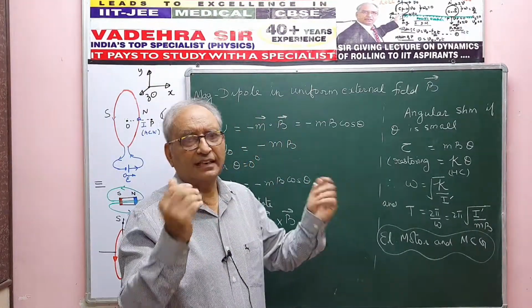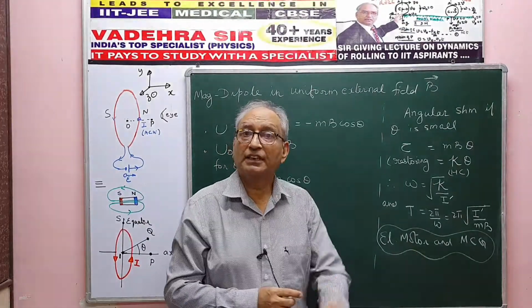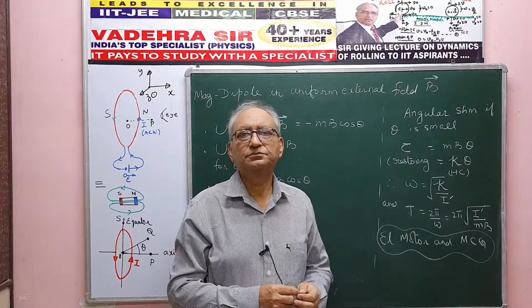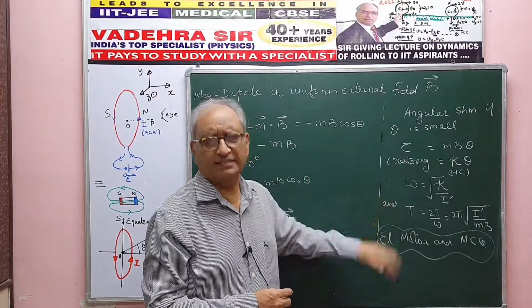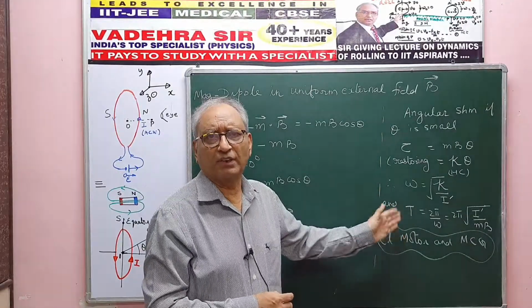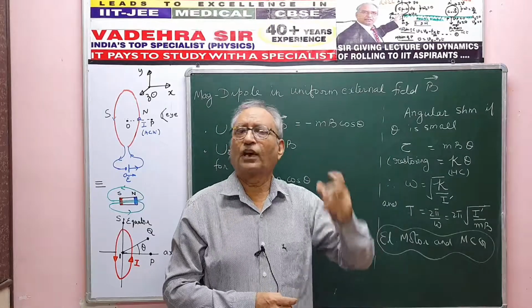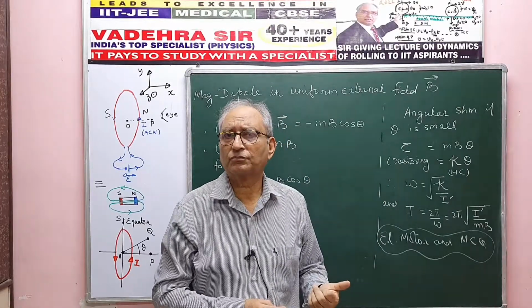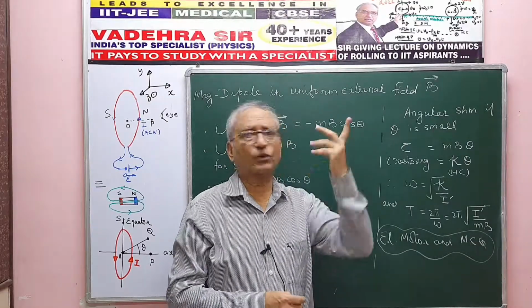Only thing is that in the case of the moving coil galvanometer, the restoring torque is going to be opposed. This torque I can now call a deflecting torque, because if the coil is deflected in the field, then I can have the coil suspended from a suspension fiber, and there will be a twist in the fiber, and a restoring couple will be set up.